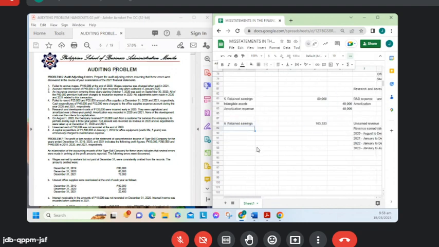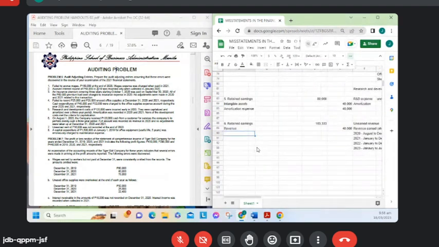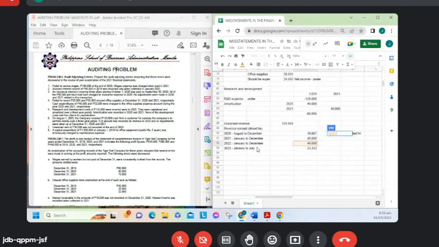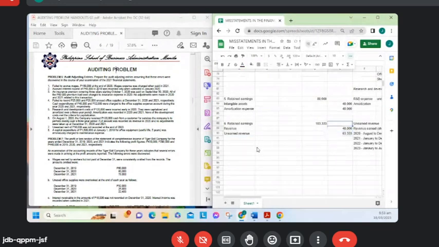A credit to revenue amounting to, for the current year, in 2021, and then a credit to unearned revenue for the remaining periods of 2022 and 2023. Okay, so that's our entry for number 6.